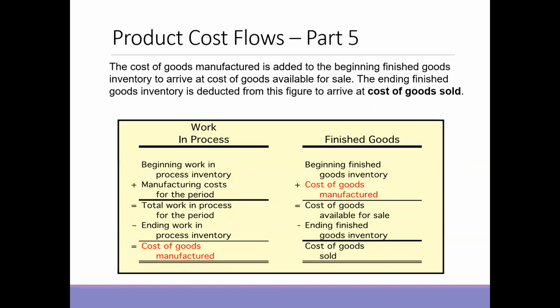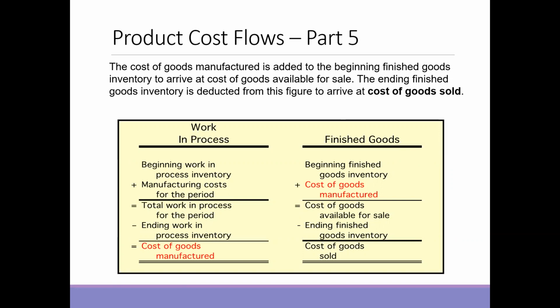The cost of goods manufactured is added to the beginning finished goods inventory to arrive at cost of goods available for sale. But the ending finished goods inventory gets deducted from that figure so we know what was sold. So it's a flow.